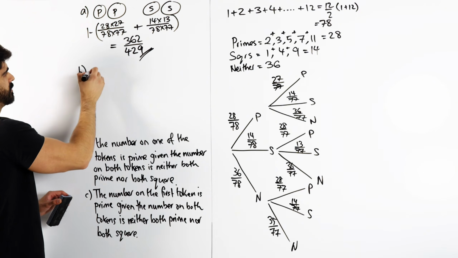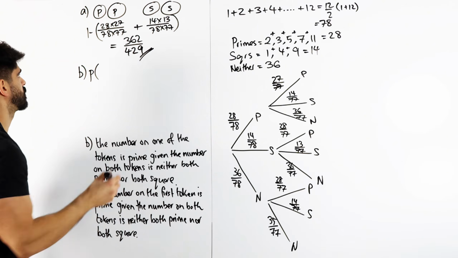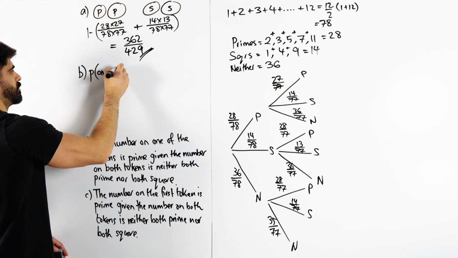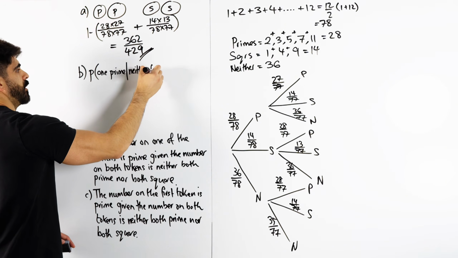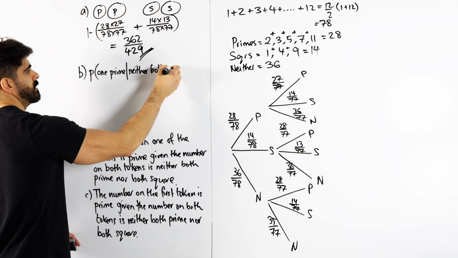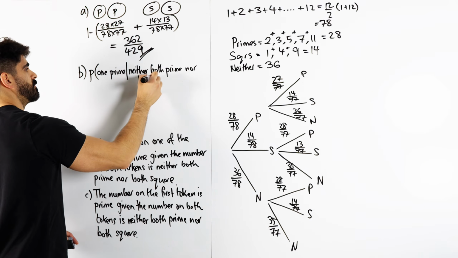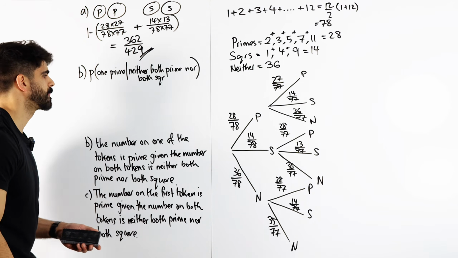So what's the probability of getting one of them being prime, given neither both prime nor both square? Okay, so that's what we want.